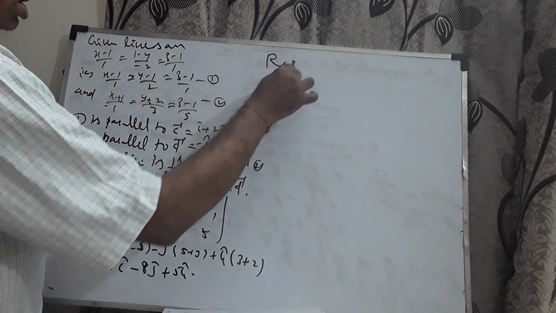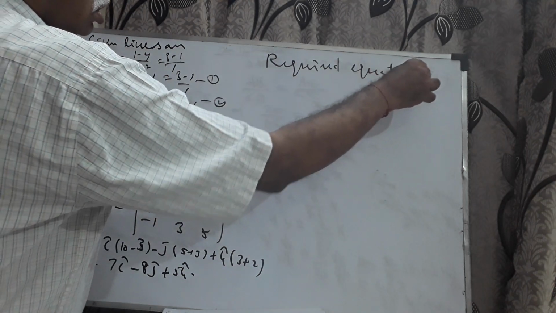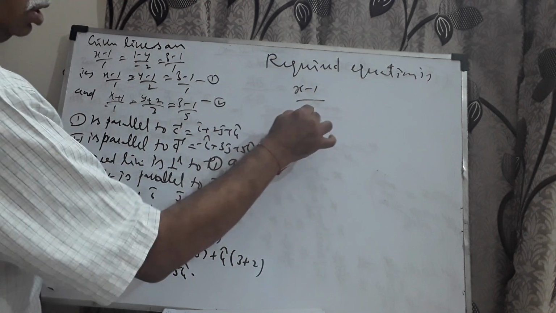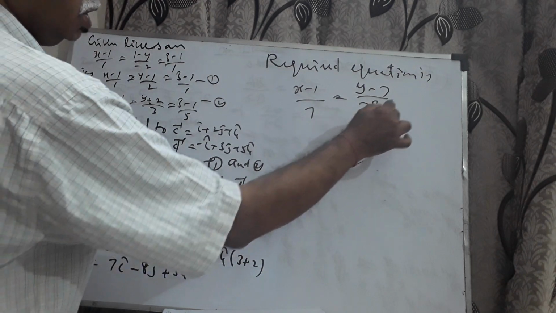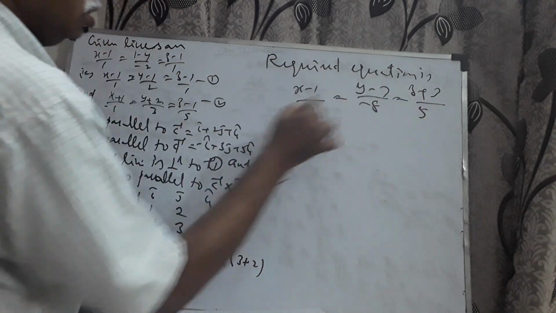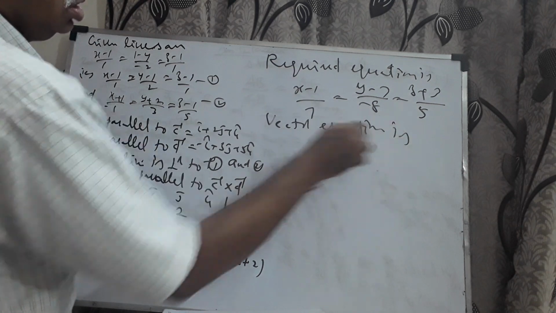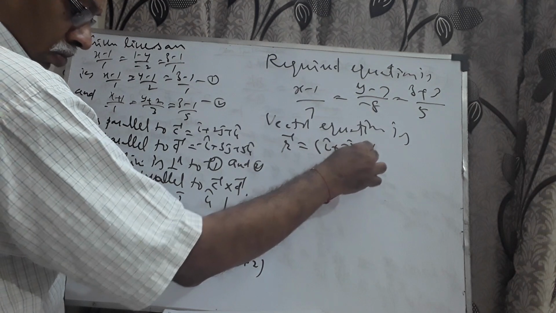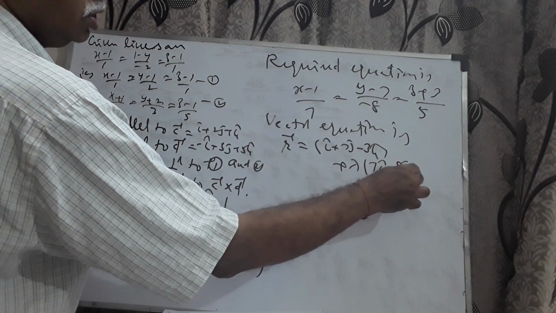Therefore the required equation passes through (1, 7, minus 3), given. Therefore, (x minus 1)/7 = (y minus 7)/(minus 8) = (z plus 3)/5. The vector equation is r vector = i plus 7j minus 3k plus lambda times (7i minus 8j plus 5k).